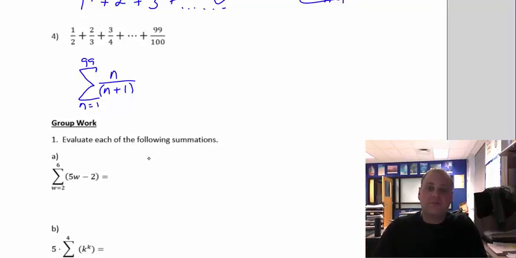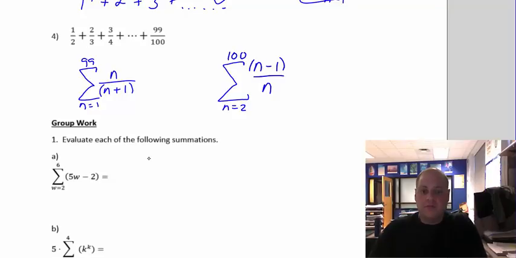All right, so that works. Or you could do it like this. And there's also more answers than this. You could start at 2 and call n the bottom number, and then this would be n minus 1. See? And then go to 100.